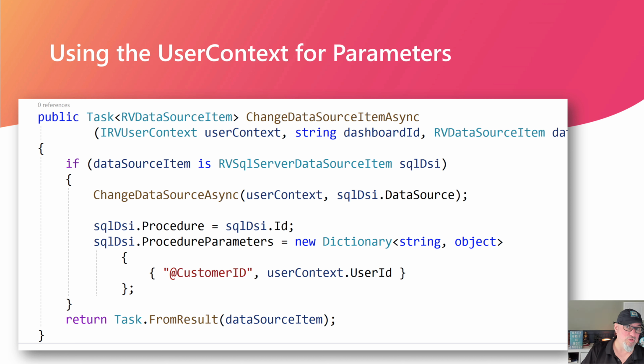I'm passing the user ID to that. It'll execute on the server and only return back what you are allowed to see. Now, what is important is that all of your queries most likely have some sort of parameter, right? You're not just letting everything be wide open. So if you have 100 stored procedures, then you probably don't want to have 100 listed in this change data source item async.